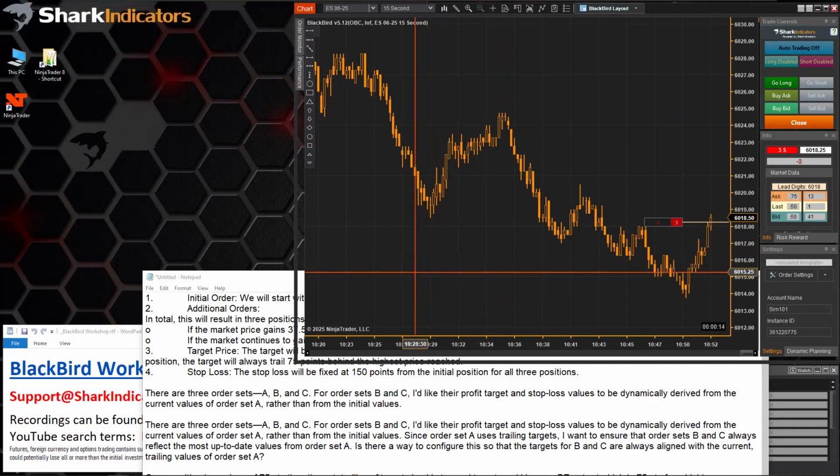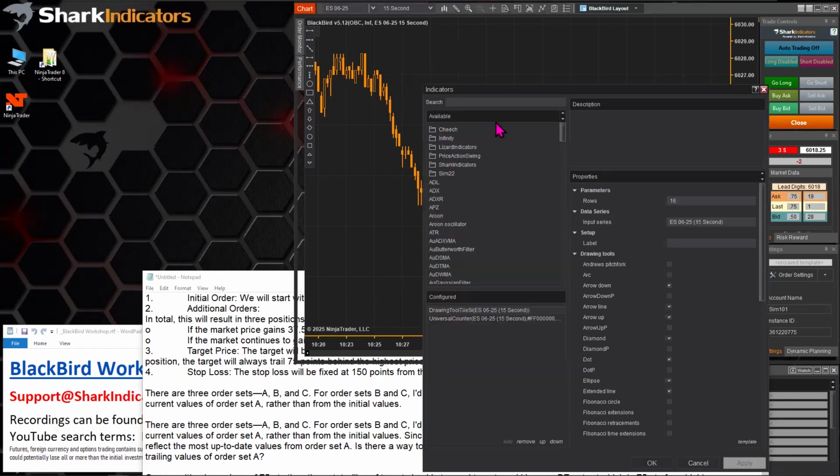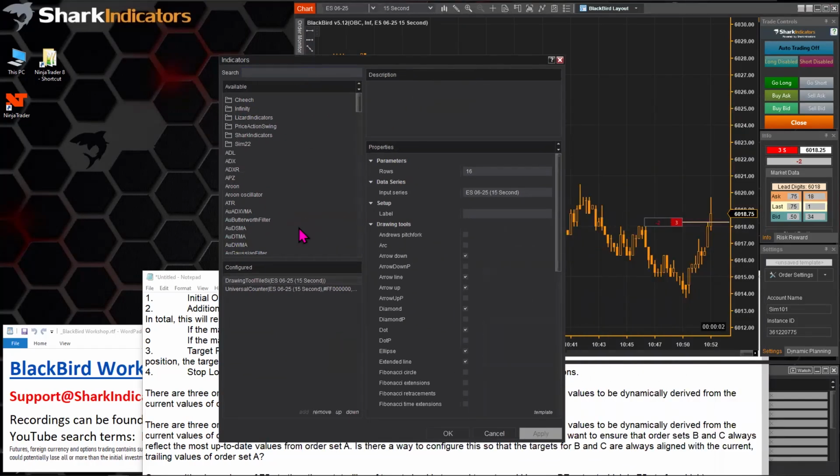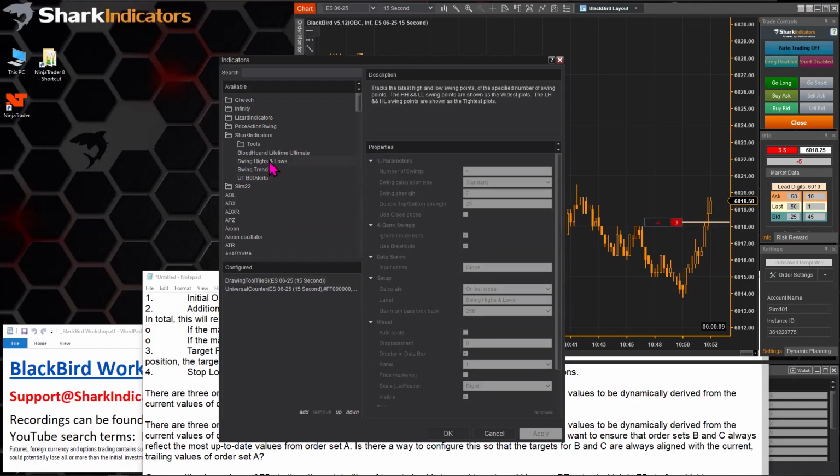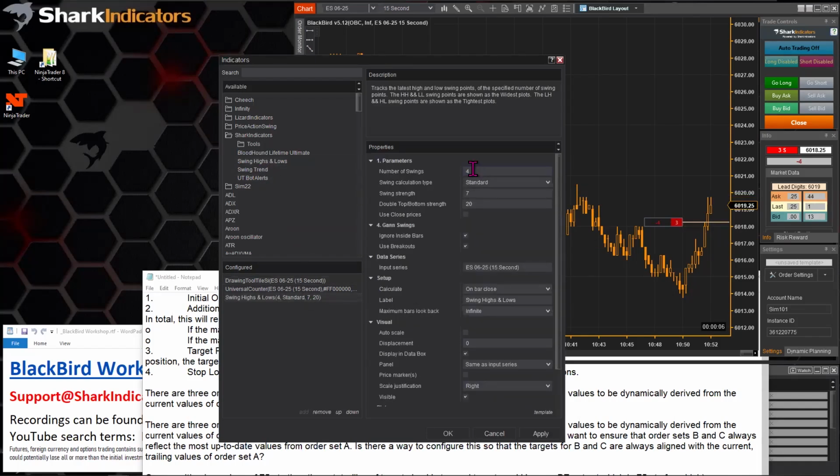All right. Okay, so actually I'm going to pause for a moment here and put the swing indicator on the chart. All right, so let's go grab this, where is it? There we go, swing highs and lows. And we're going to adjust the number of swings down to 2. And let's see here.